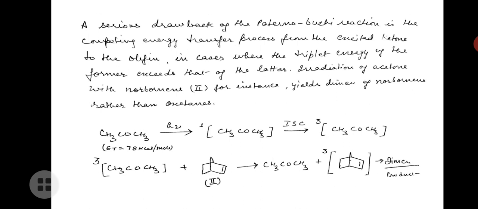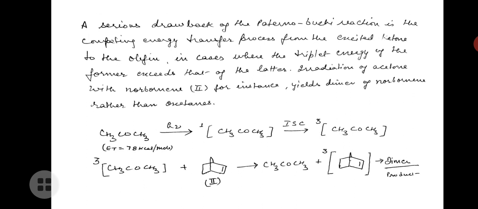So acetone in the ground state has a triplet energy of 78 kilocalories per mole. On irradiation, the acetone singlet excited state is formed, and this undergoes intersystem crossing to form the triplet excited state of acetone. This triplet excited state of acetone reacts with norbornene, and the energy is transferred from acetone to norbornene.